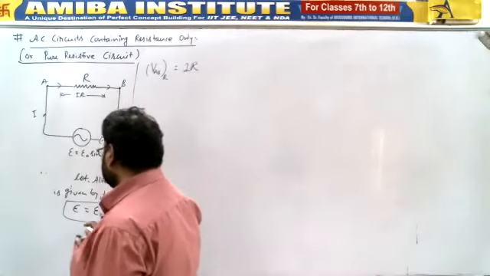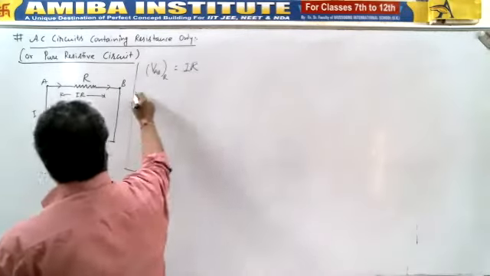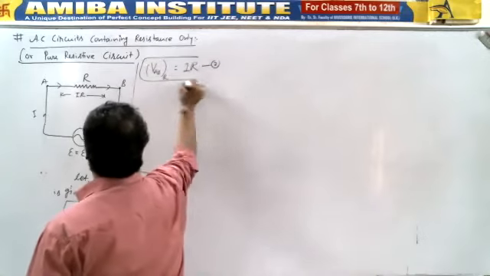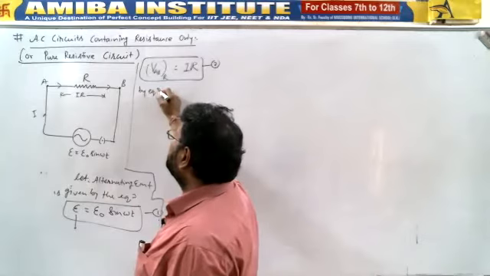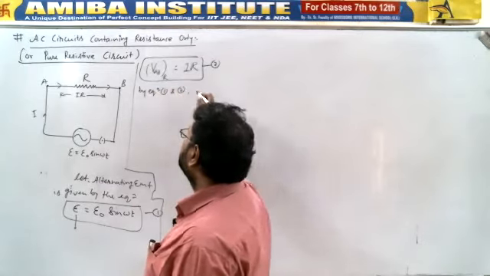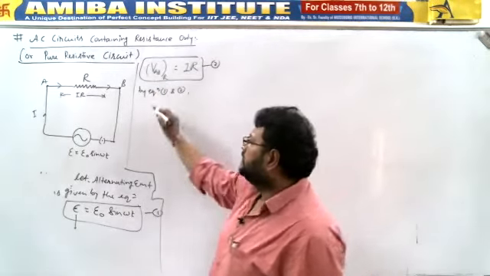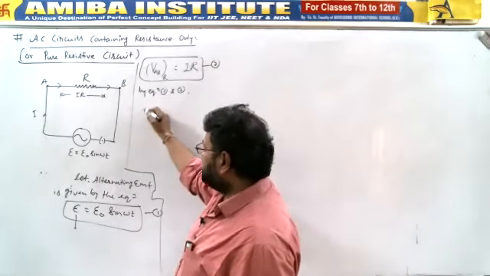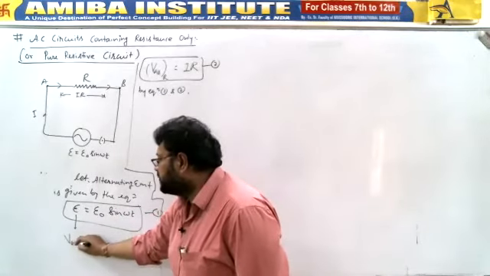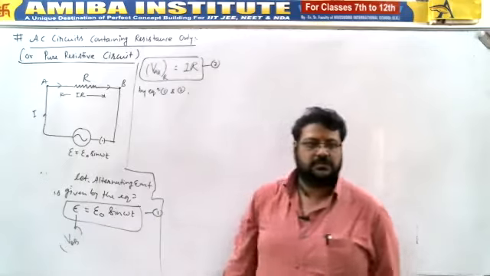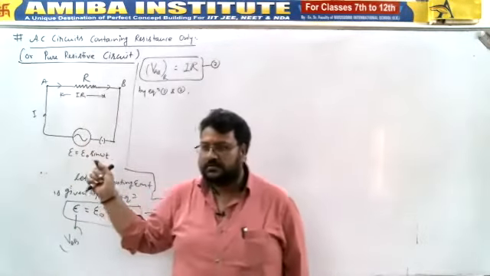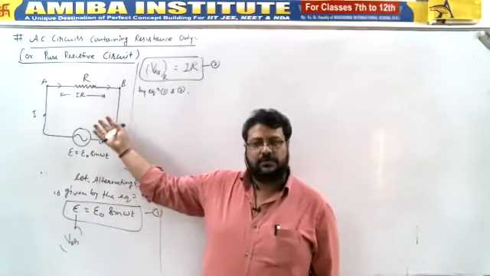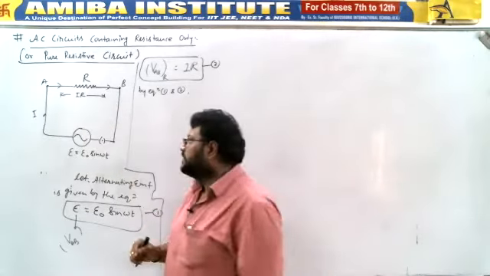This is equation 2. By equation 1 and 2, the potential difference across AB, this is also the potential difference across AB only. So can I equate them, either by using Kirchhoff's voltage rule or by simply Ohm's law here, right?